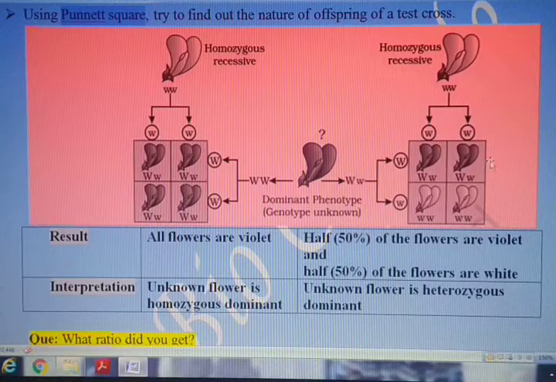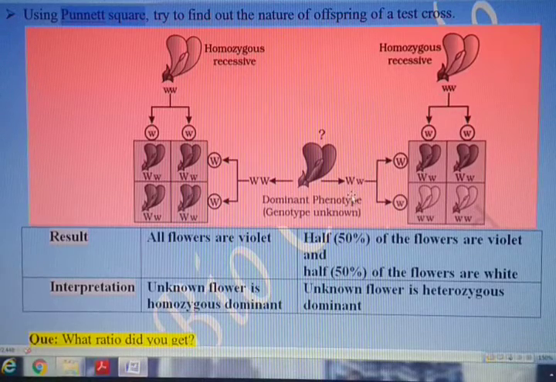Whereas when we consider the same thing on the right hand side, of the two parents, one parent is taken as homozygous recessive again, and the other parent is taken as the dominant phenotype. Means what? It had formed a violet flower. So as a result of that, here we are using one dominant gene and the other one is recessive. In case of tallness, you remember capital T capital T, one capital T and one small t, and the third one was small t small t.